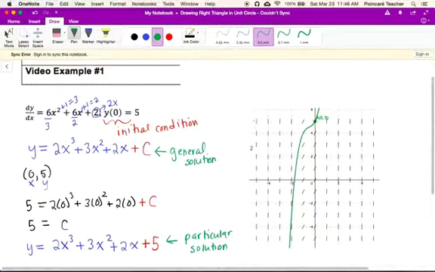Just to go back to the idea of the slope field, remember that this is the slope field for this differential equation, or this derivative. What we just found, the particular solution 2x cubed plus 3x squared plus 2x plus 5, is the specific function that corresponds to this specific point. So the equation of this green function that passes through the point (0, 5) is right here.